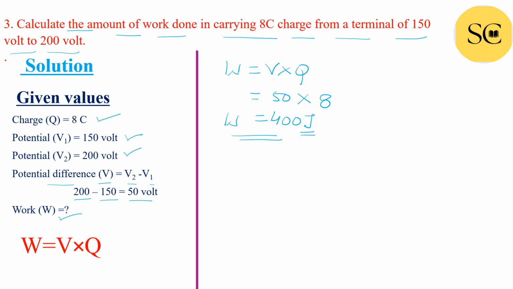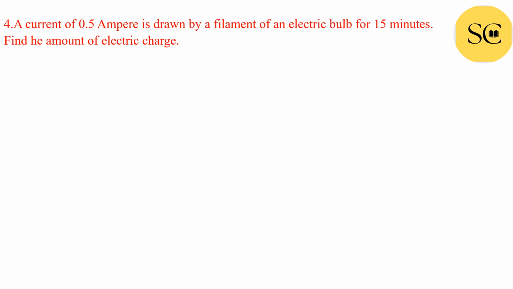Now we will discuss the fourth question. The fourth question says a current of 0.5 ampere is drawn by a filament of an electric bulb for 15 minutes. Find the amount of electric charge.